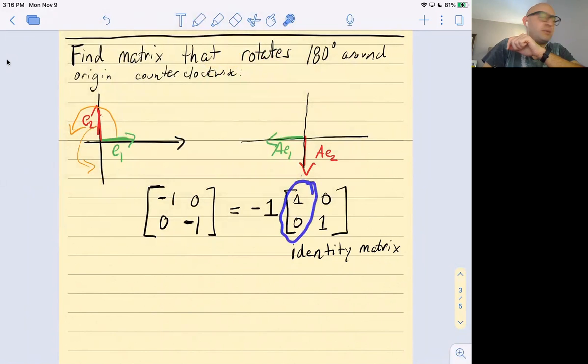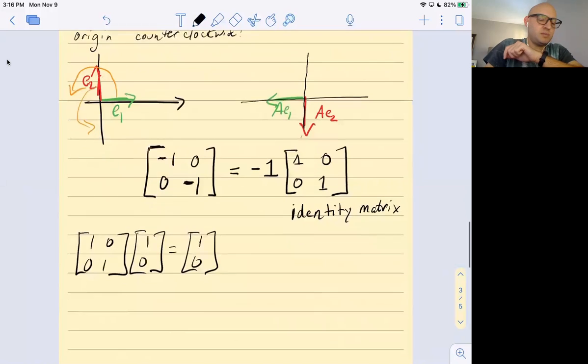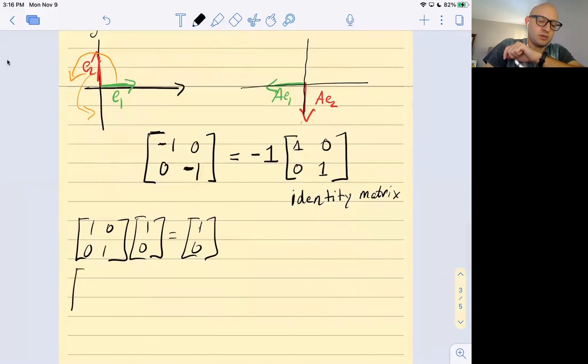If I multiply this matrix times E1, whenever you multiply times E1, you just pick off the first column. So this just sends it to 1, 0. It keeps 1, 0 at 1, 0.